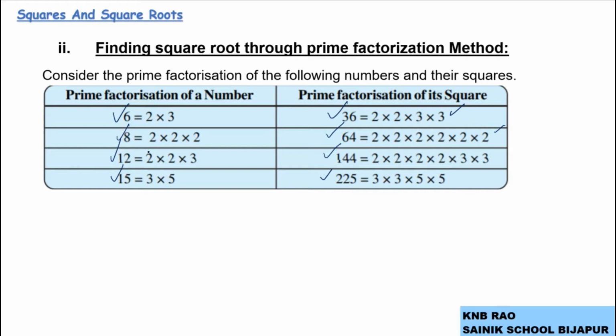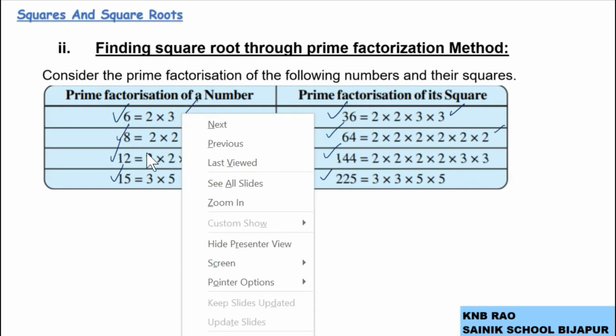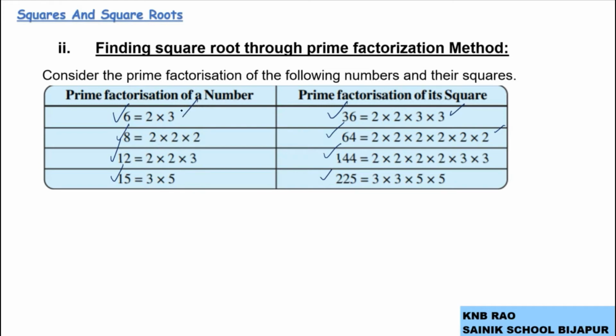Now students, I will explain for one or two of these numbers, then you will make sense of it. First hint, prime factorization of 6 is 2 into 3, whereas square of 6, 36, contains prime factorization of 2 and 3 only.